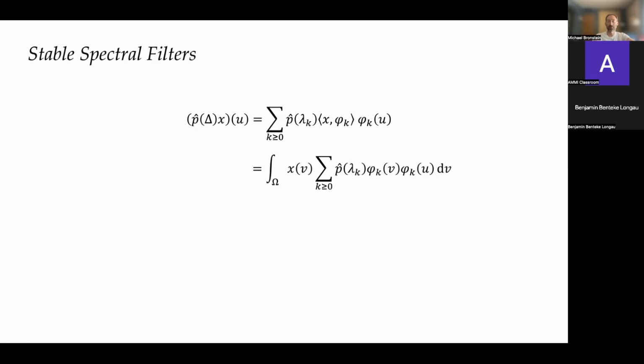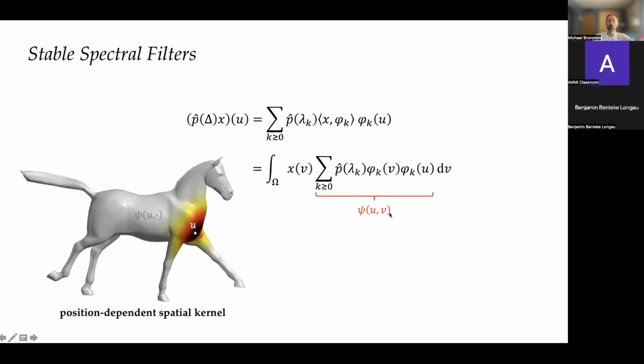It is possible when I use the right type of integration, Lebesgue integration. I can exchange the infinite summation and the integral. And what I see here is some function that depends on two coordinates, u and v, and this is what we typically call the heat kernel. So it's a kernel that is position dependent, right?